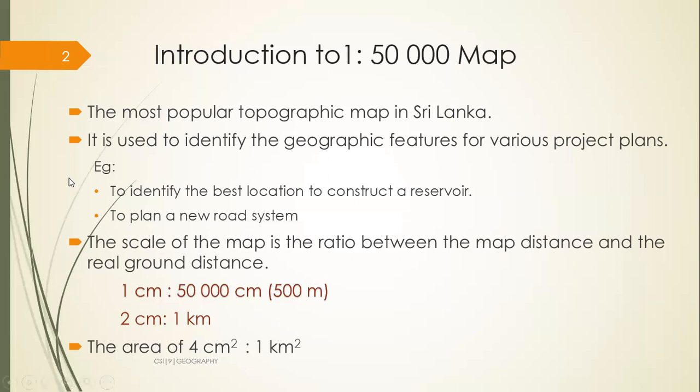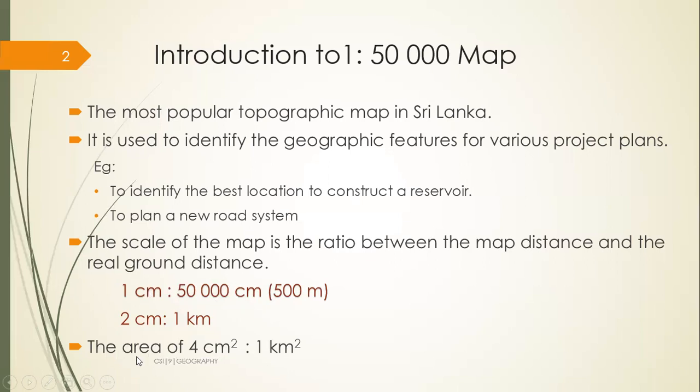No, 1 centimeter of the map will show 50,000 centimeters of the real ground. Okay, again, 1 centimeter of the map will represent 500 meters. It's equal to 50,000 centimeters of the real ground.